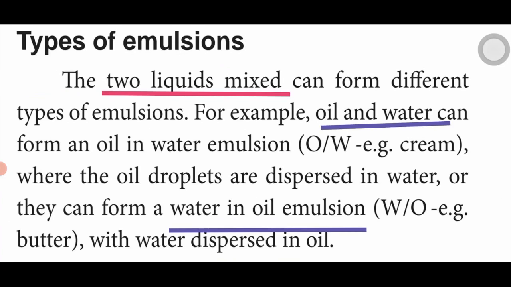That is O/W, O is oil, W is water. Example: cream. Here oil droplets are dispersed in water. Or they can form a water-in-oil emulsion. That is W/O. Example: butter.